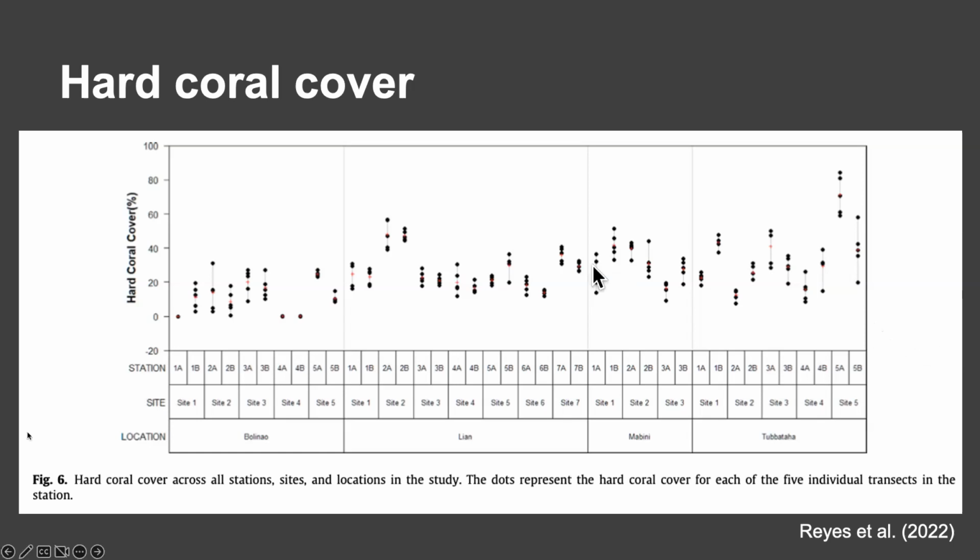Okay. So this is another of our newer work, and we're comparing cover across 3 locations. And like we do in our monitoring, for those who have gone through the CBRAC 1 training, when we monitor a location like these towns or Tubataha, we have sites in each of these locations, and each site has a pair of stations.